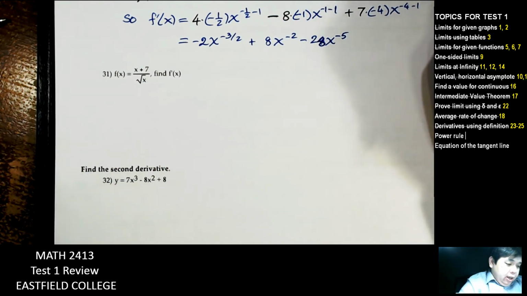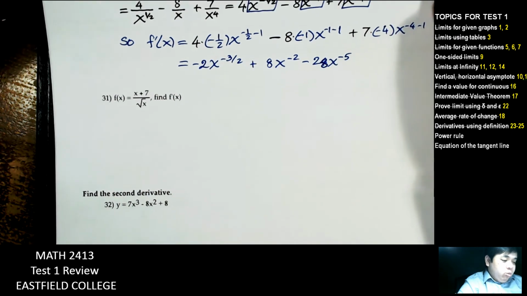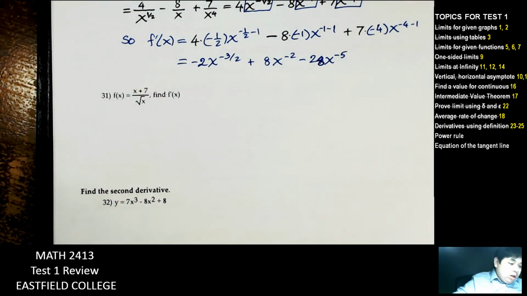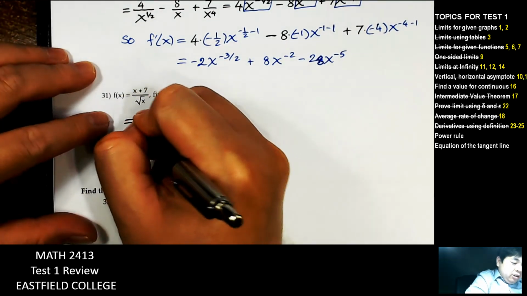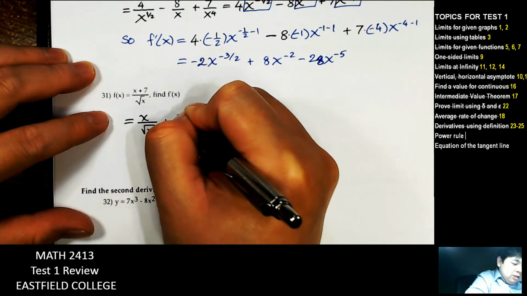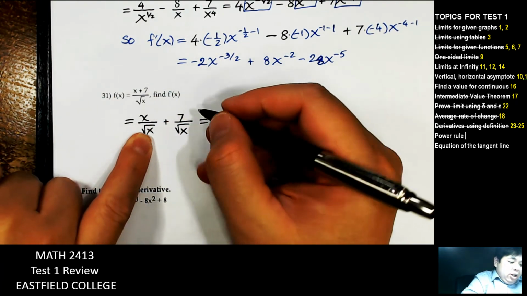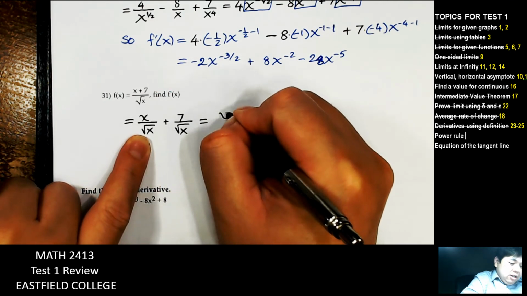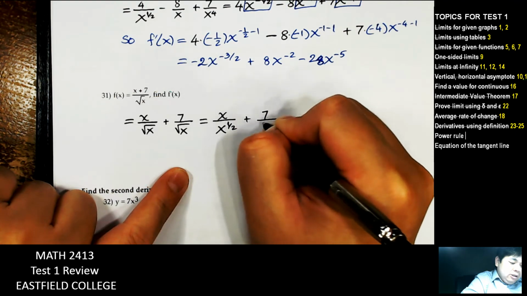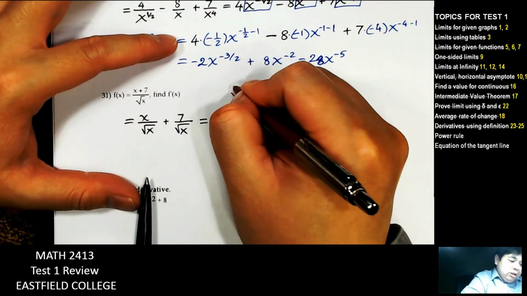We can use the quotient rule on this, but what we do instead, I will not finish the problem, is split the top. Now the square root of x we can write as x to the 1/2, due to this formula.